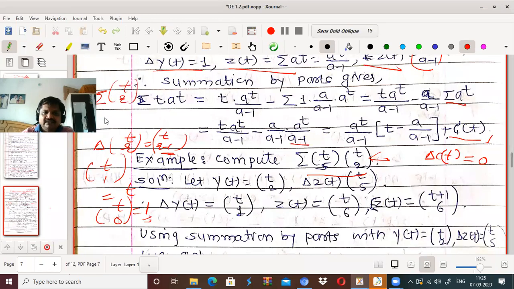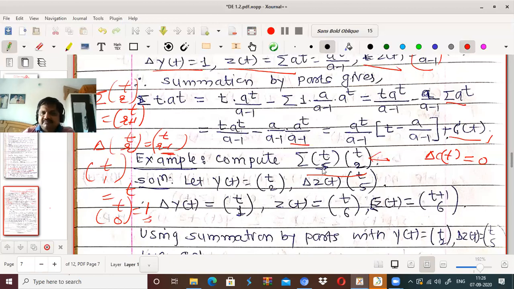It is tC(r plus 1), it increases by 1. That is the formula for summation, and the earlier one is the formula for delta. So zt becomes tC6. Increase by 1, and therefore Ezt becomes t plus 1 C6, replacing t by t plus 1.